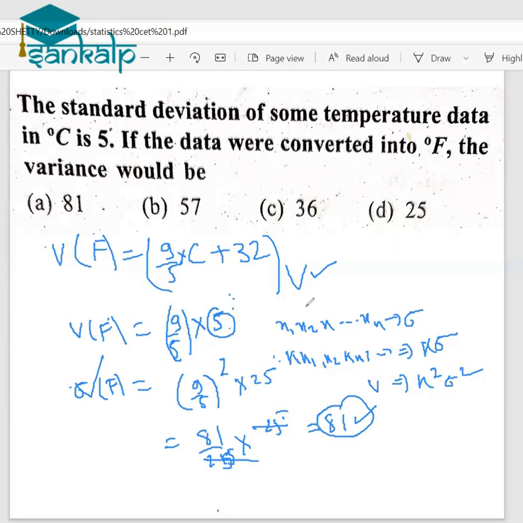So the only thing we had to do is take the square of the number associated with the standard deviation, that is 9 by 5, and square the standard deviation value 5, which gives 25. 25 will cancel, and the answer will be equal to 81.